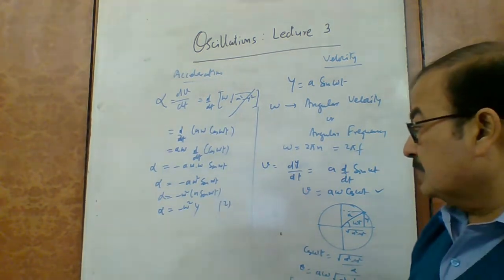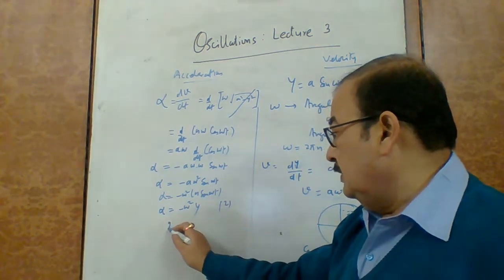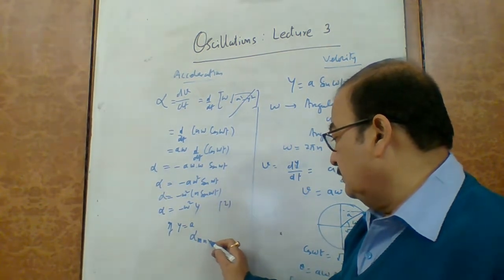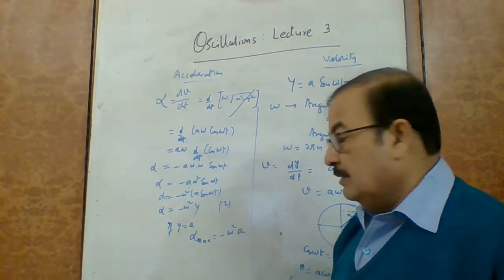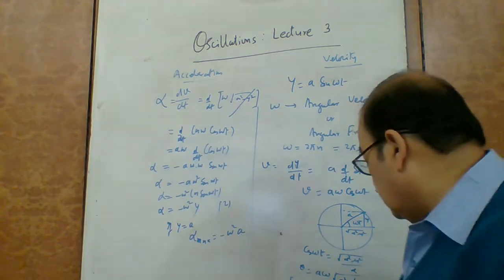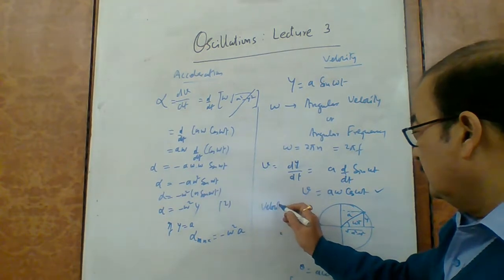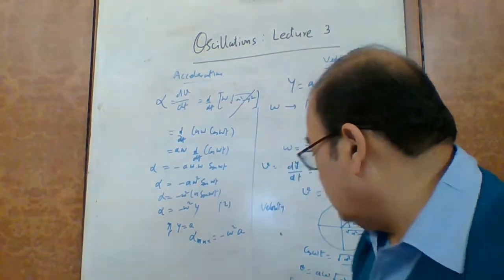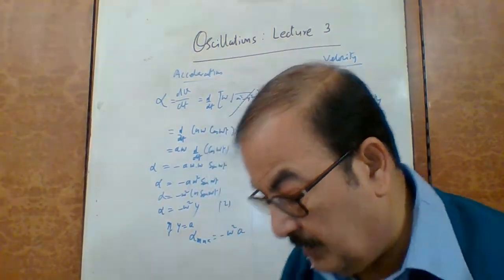Okay, and from this again we can have, if y equal to a, then alpha is maximum, that is equal to minus omega square a. Remember, for velocity it is maximum at mean position. I must write it in different colors so that you can very easily identify.